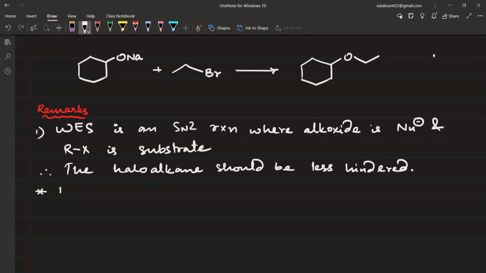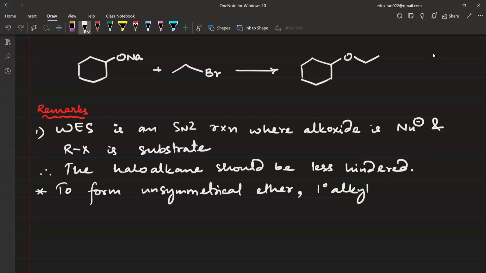This is very important. To form unsymmetrical ether, 1 degree alkyl halides should be used preferably.